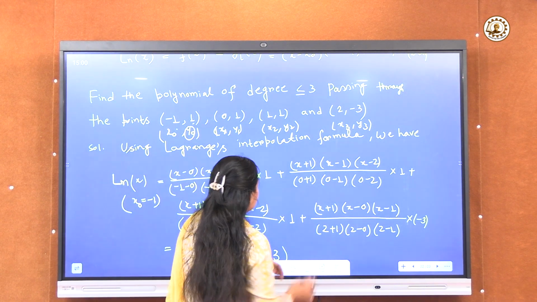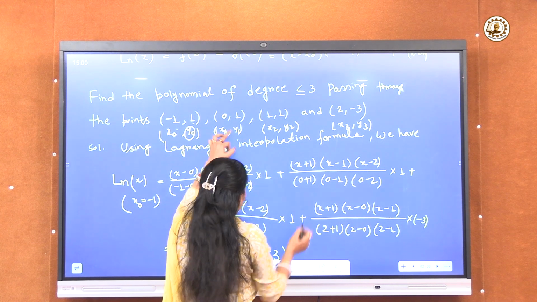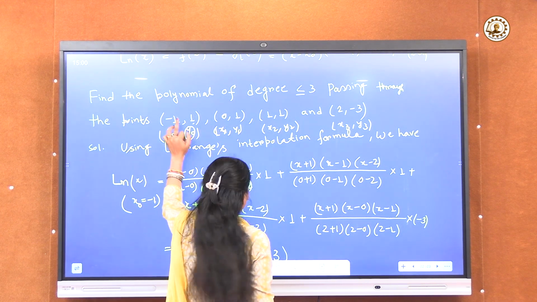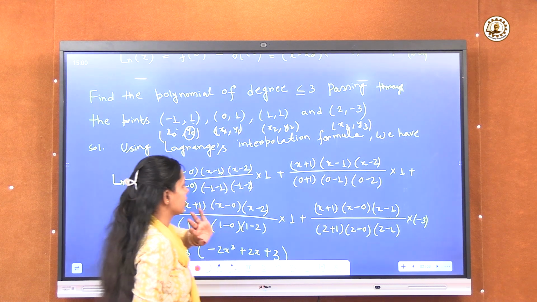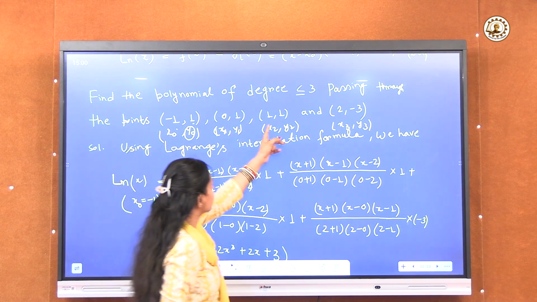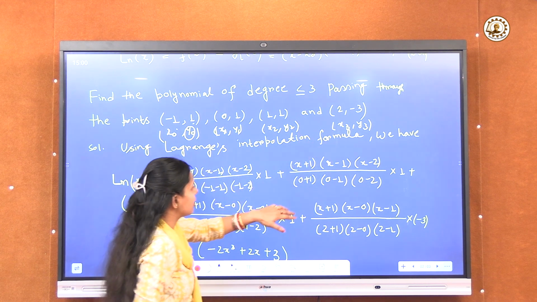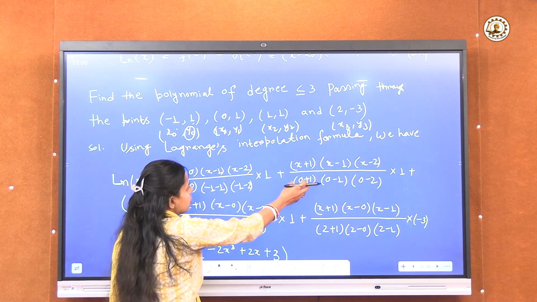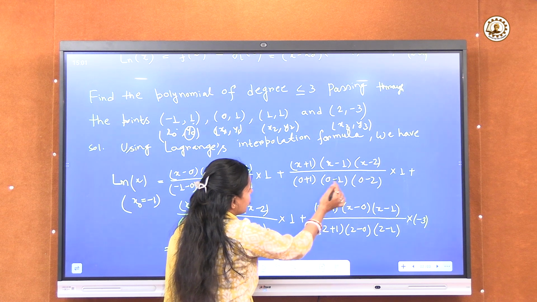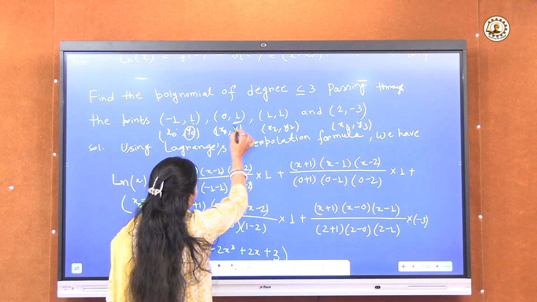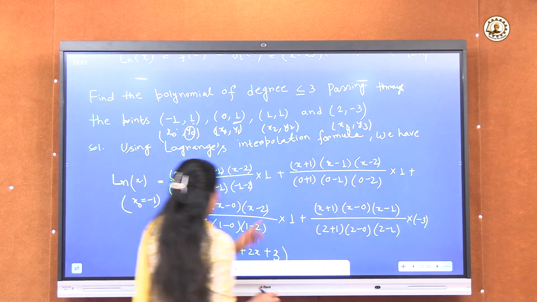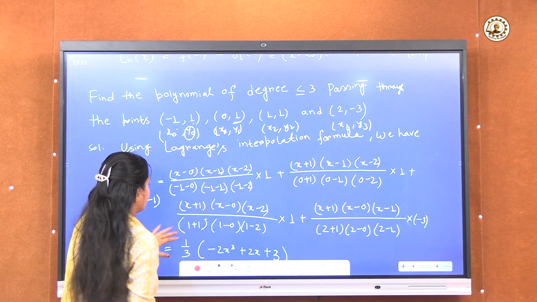Then the next part: (x plus 1)(x minus 1)(x minus 2), omitting x1, divided by (0 plus 1)(0 minus 1)(0 minus 2), times y1, which is 1.